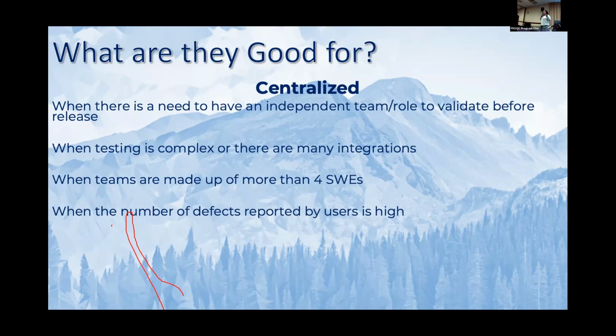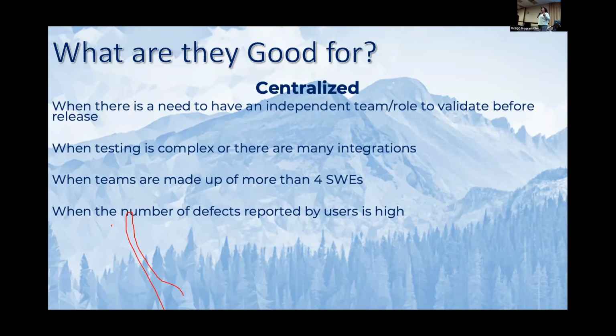So again, going back to that four software engineers is not necessarily a hard and fast rule. It is one thing that I've seen in my experience that once we get to that point, a centralized model might be one to start considering when you start growing your software engineering team, especially if you have multiple engineering teams working either within or close to, upstream or downstream of, the same code base.